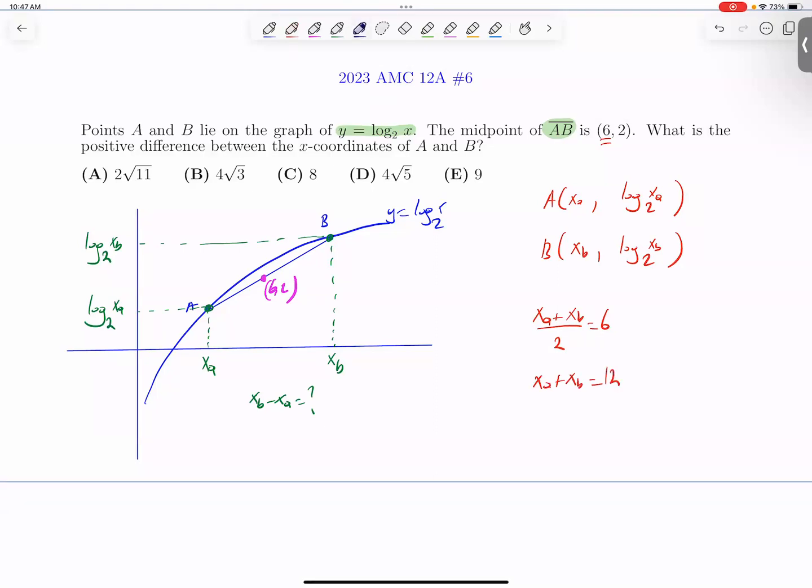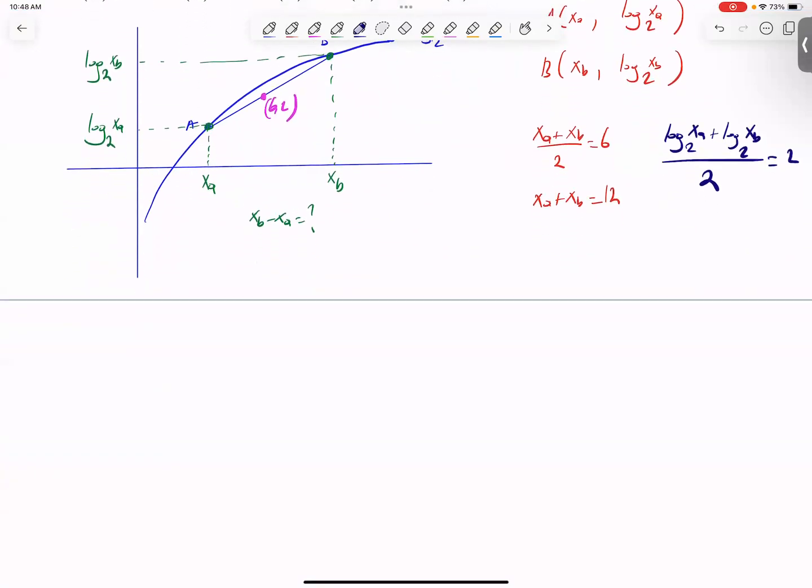The y coordinate average, if we add log xa in base 2 plus log xb in base 2, then divide by 2, we get the y coordinate of the midpoint, which is 2. Here, if we multiply by 2 both sides, we have log xa in base 2 plus log xb in base 2, which equals 4.